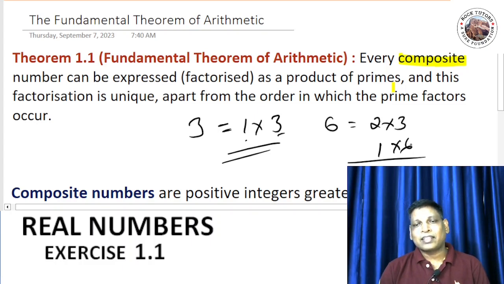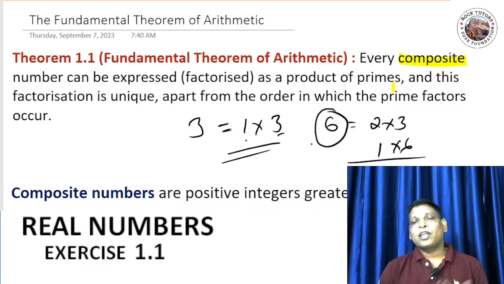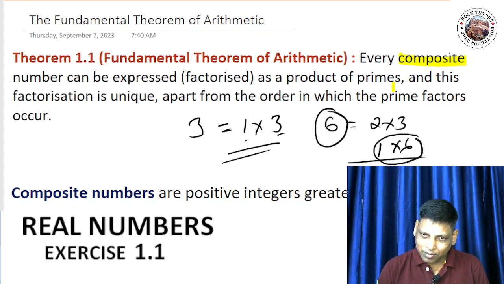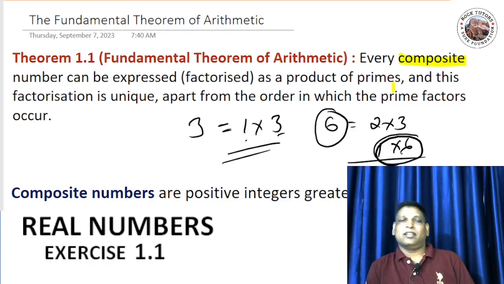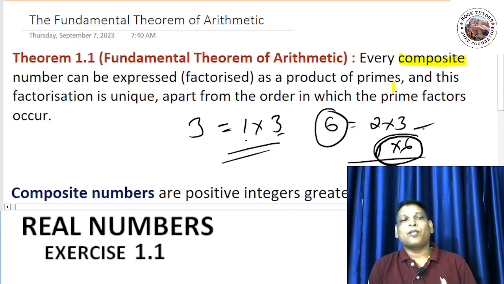So here the factors are more than 2, so this number is called a composite number. 6 is called a composite number. Why? Because 6 has more than 2 factors, other than 1 and the number itself. It's a simple condition: other than 1 and 6, if the number has any other extra factor, then that number comes under composite numbers.